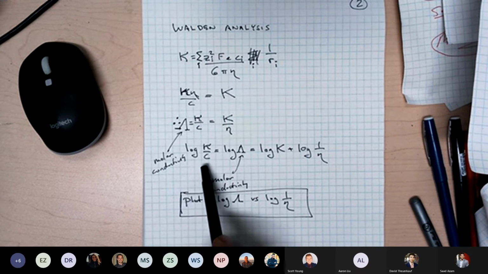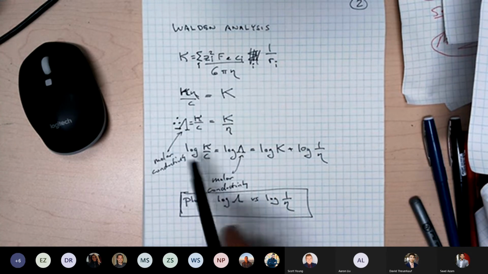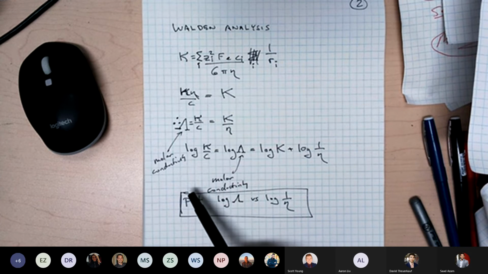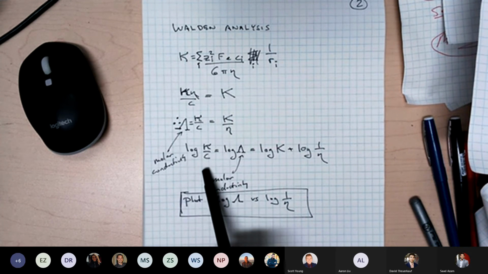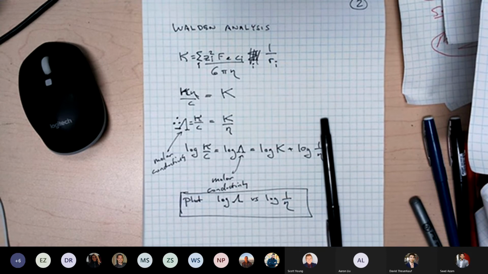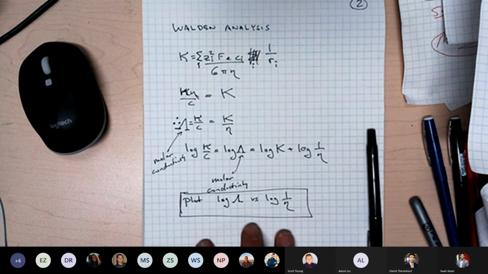But if some of the salt molecules do not fully dissociate, or if there's ion pairs, then the molar conductivity won't vary the way you expect it to vary. So the Walden analysis is a very good way to look for the presence of ion pairing in your electrolyte.